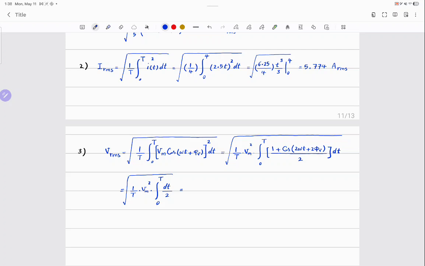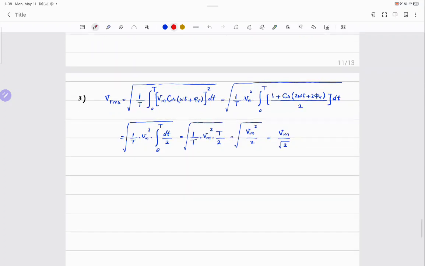It's going to give you capital T, right? 1 over T, Vm squared, T over 2. Vm squared over 2, Vm over root 2.